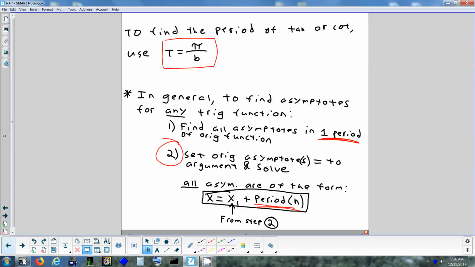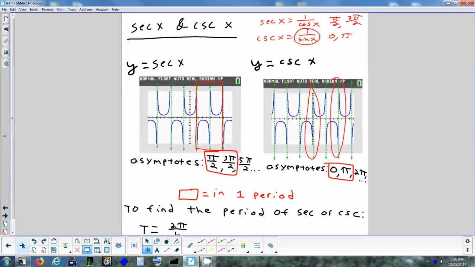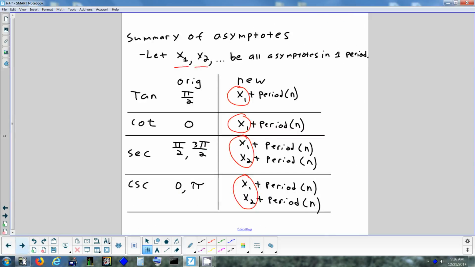Set the original asymptotes equal to the argument and solve. So take the original value, set it equal to the argument, solve it, boom, there's your x1 or x2, depending on how many you have to do. For secant and cosecant, there's 2 asymptotes, you've got to do it twice.